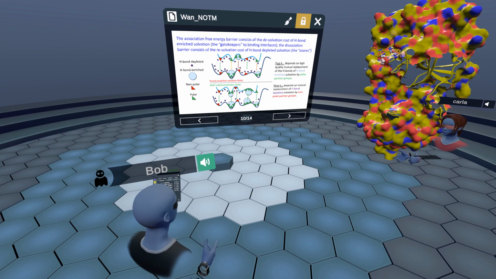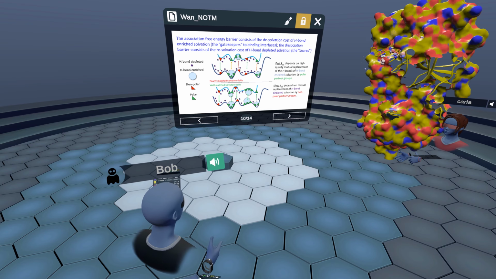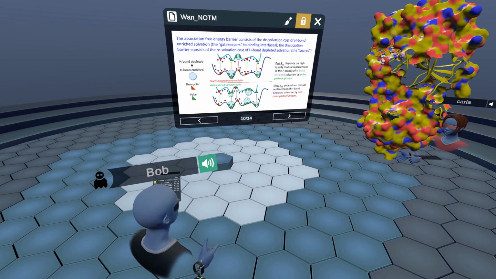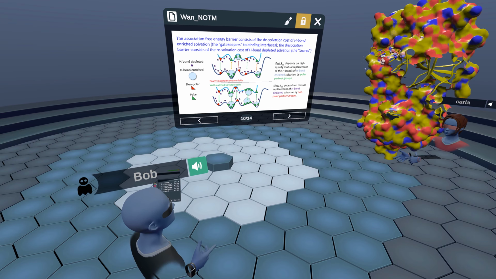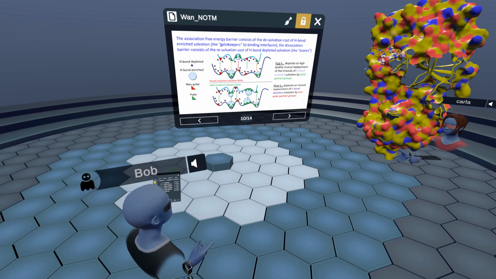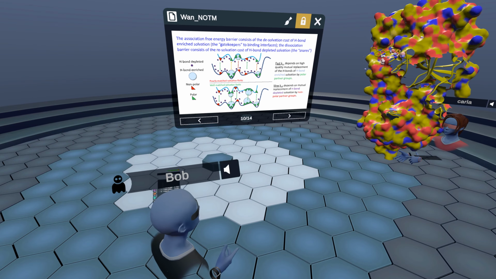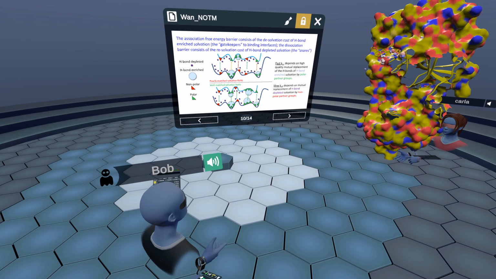So we can argue about whose tool is better, whose tool captures the reality better. But one thing I can say is that the tool that we're using uses unrestrained MD simulation. So the protein is free to rearrange within the 100 nanosecond time scale, and the water is free, obviously, to rearrange.